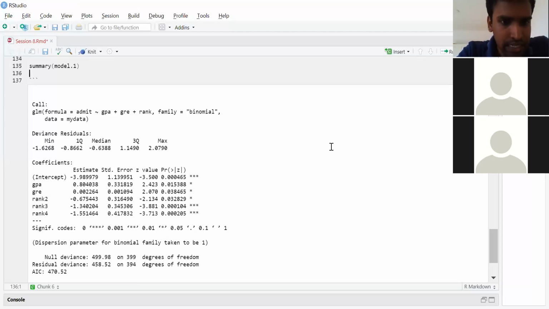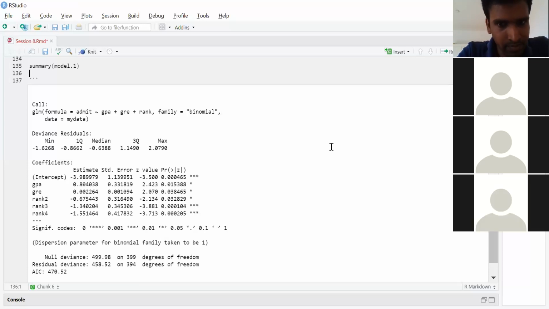Okay, nice. Any other opinion? What do you feel, Venkat? Yeah, for rank 3 and rank 4, there is a higher chance of getting admit, and it has less error term. Okay.